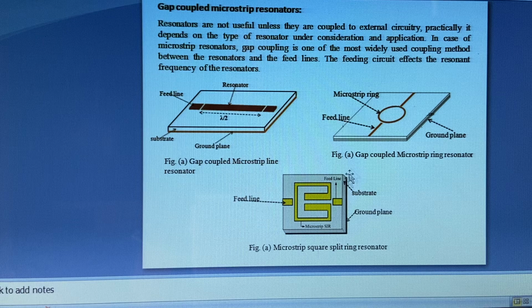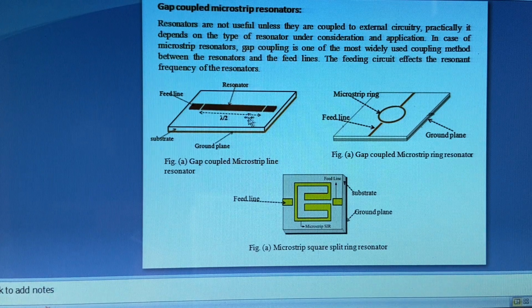In these microstrip transmission line resonators, gap coupling is one of the most widely used methods to connect external circuitry to the resonators. The external source, that is the excitation source, must be connected to the resonators, so a feed circuit should be connected.